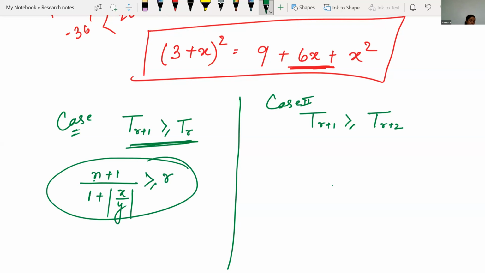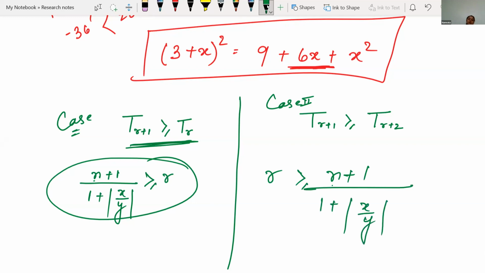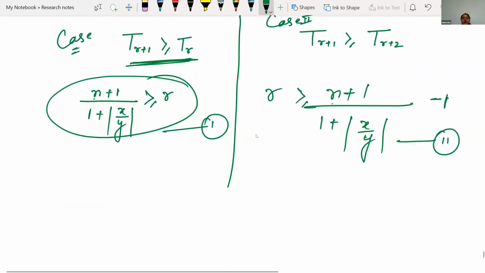The other one we will have is r is greater than or equal to (n plus 1) by (1 plus mod of x by y) minus 1. When we combine equation 1 and equation 2, let's say this total is m, the yellow part.